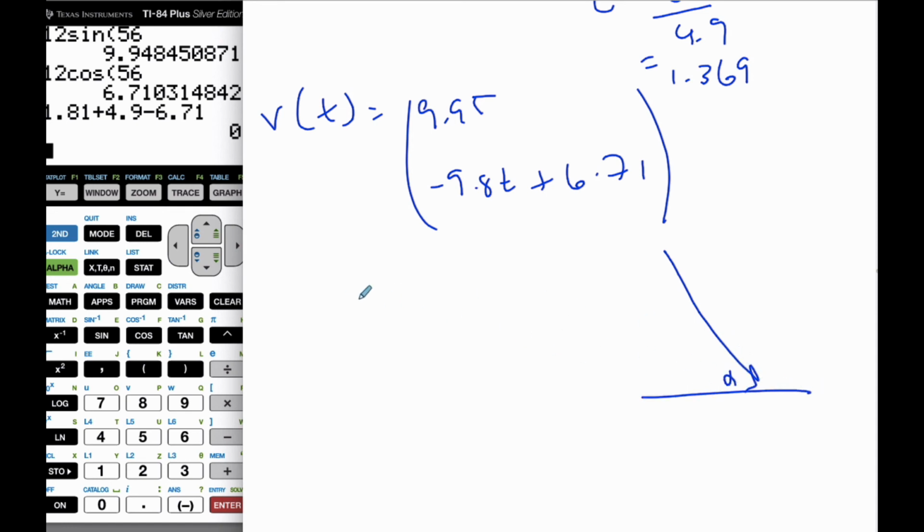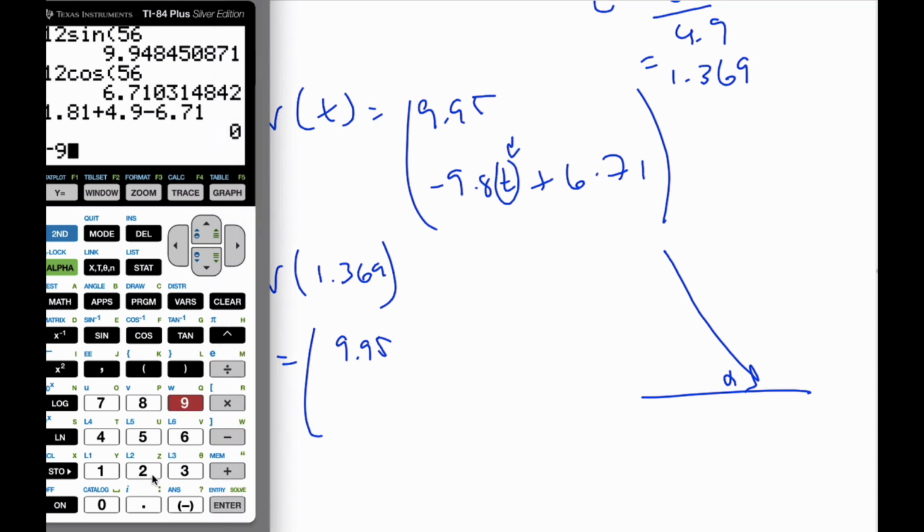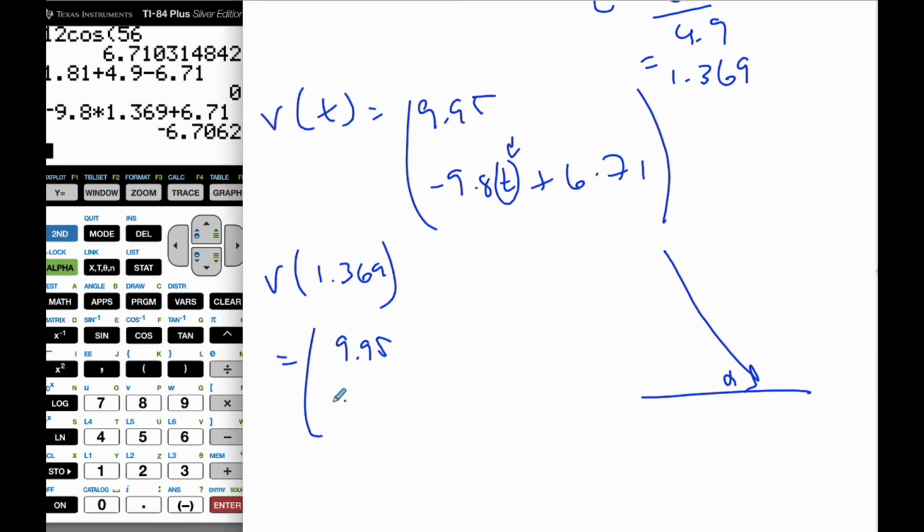To find the angle, if I do the velocity at 1.369, I know my x value is 9.95, and my y value, when I plug 1.369 into here, negative 9.8 times 1.369 plus 6.71, is negative 6.71.